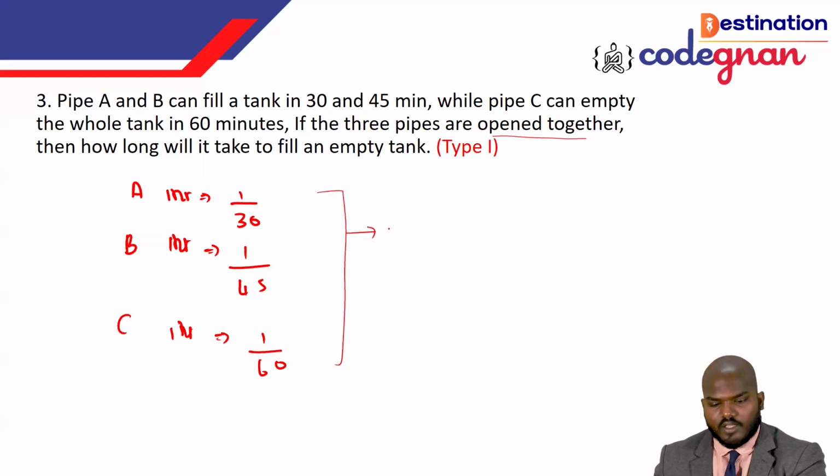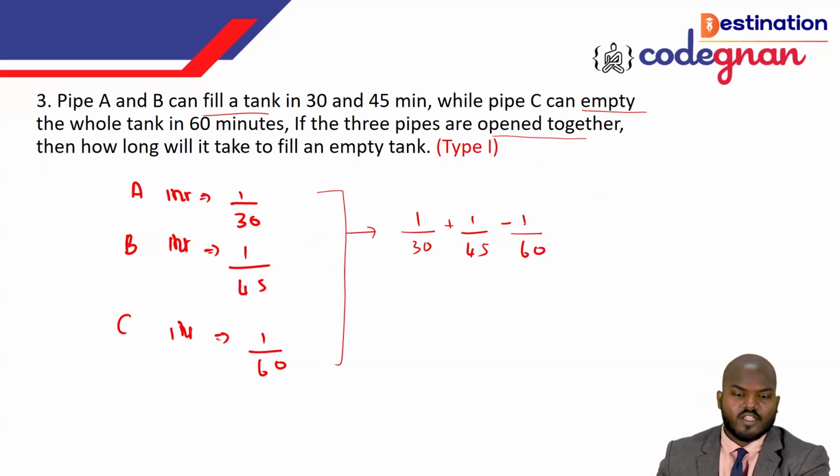So I'm going to take the values here. That is 1 by 30 plus 1 by 45 is filling the tank, so that is a plus. And C is emptying, draining the water from here, so I'm calling it minus 1 by 60.